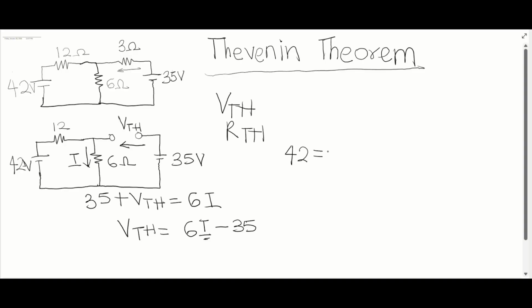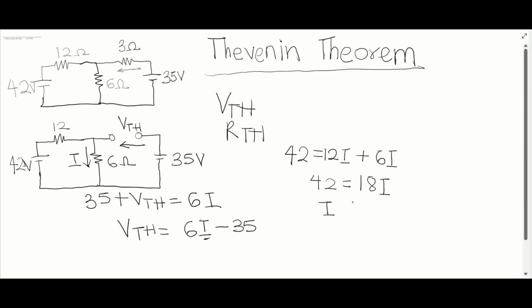So 42 volts, sum of voltage sources should be equal to the sum of voltage drops. So you are going to get 42 to be equal to 18 times the current.